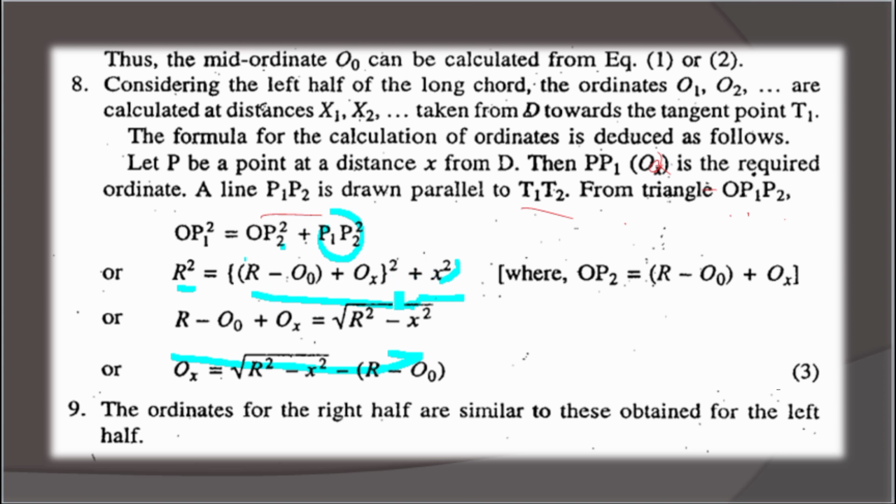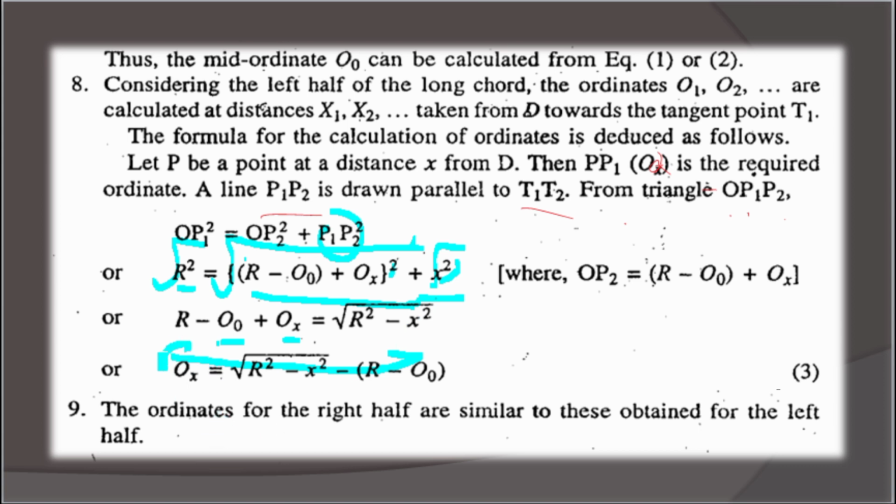By opening the brackets, here we'll have the square root, and the same will be done here. By doing that, our square root will cancel the square there. So we'll remain with R minus offset origin plus offset X is equal to the square root of R squared minus X squared.